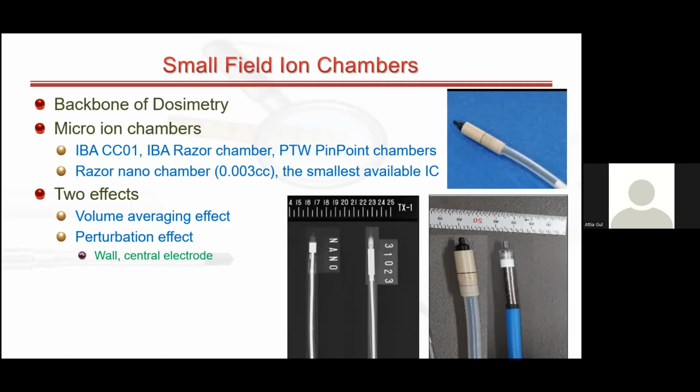Some of the ion chambers may also exhibit perturbation effects due to the wall and the central electrode. For example, IBA CC01 has a steel electrode that is a high-Z material, of course, and it gives perturbation. And to correct for the problems arising due to IBA CC01, they improved it to the IBA Razor chamber that has an aluminum electrode.